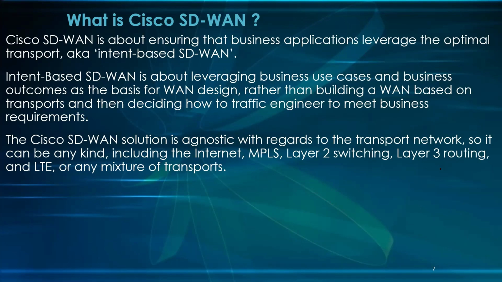The solution is built once, the policy is written once, and whatever transport you have, it will follow that. That's the beauty of it. You don't need to redesign the solution for each site. That means you are decreasing the workload of your design team, the work your team has to do every time.